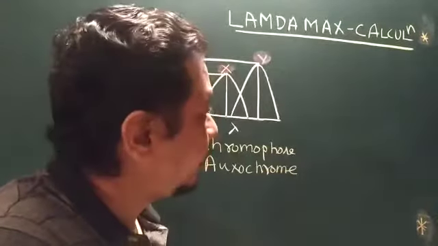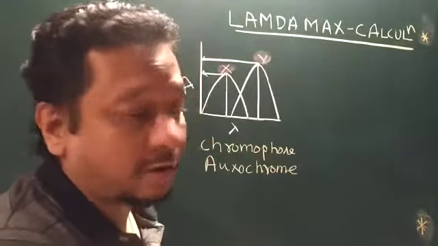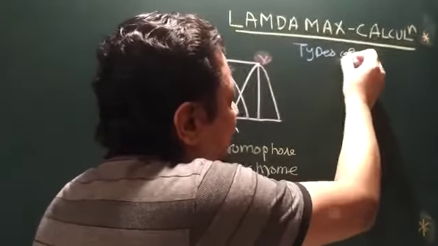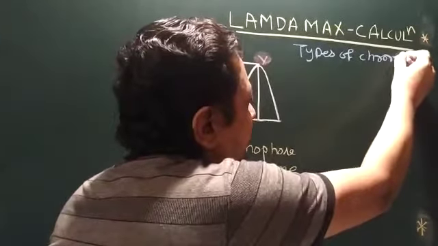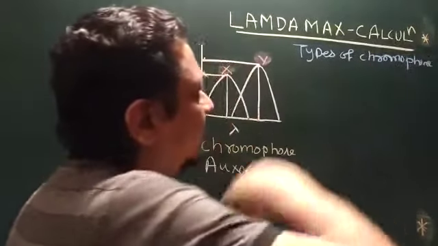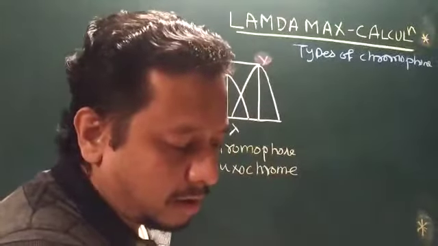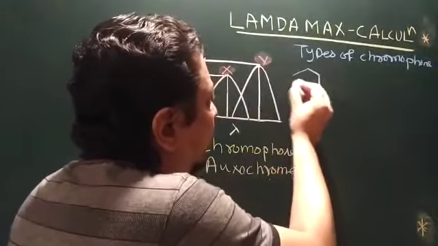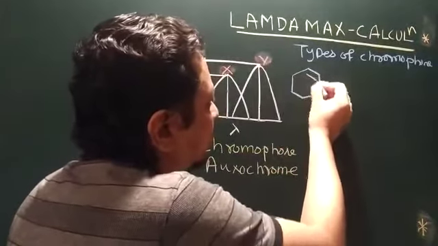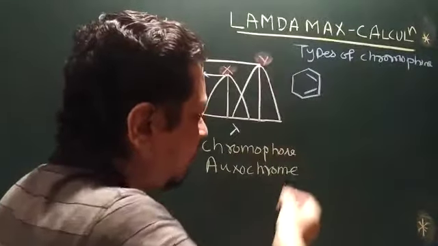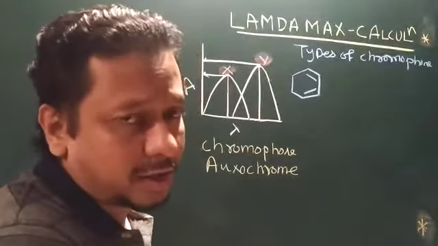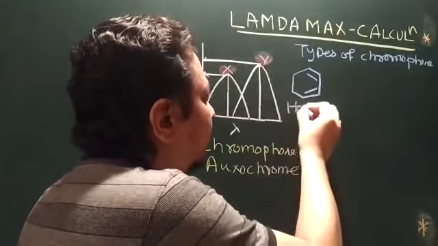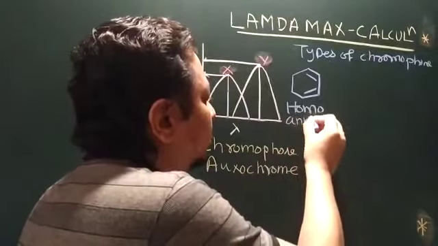So before going for lambda max calculation, you must know the types of chromophore. The types of chromophore are extremely important. Now we have to remember some basic values of chromophores, like homoannular diene. Why homoannular? Because if you can see, the double bond conjugation is inside a cyclic structure. This is known as a homoannular structure.